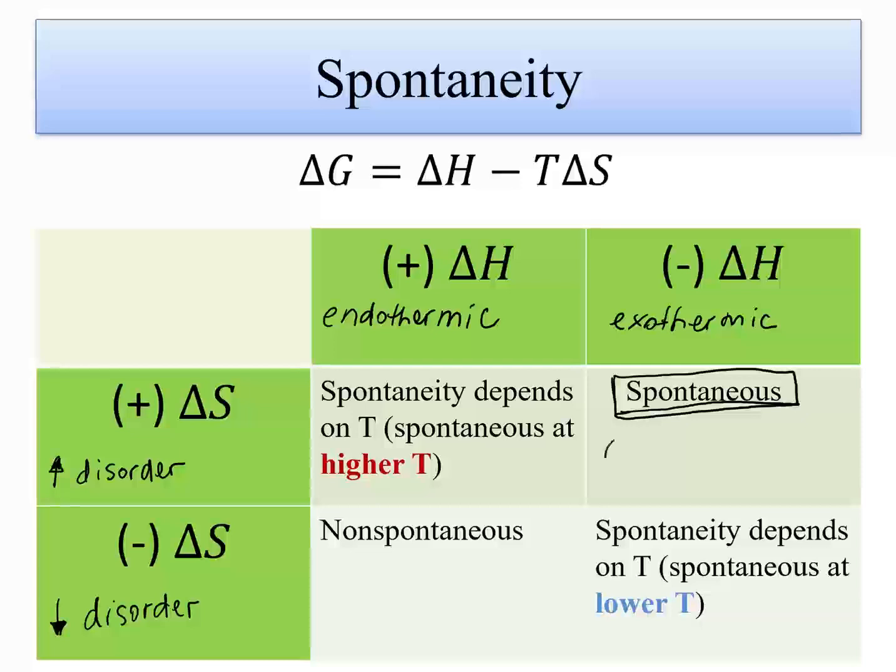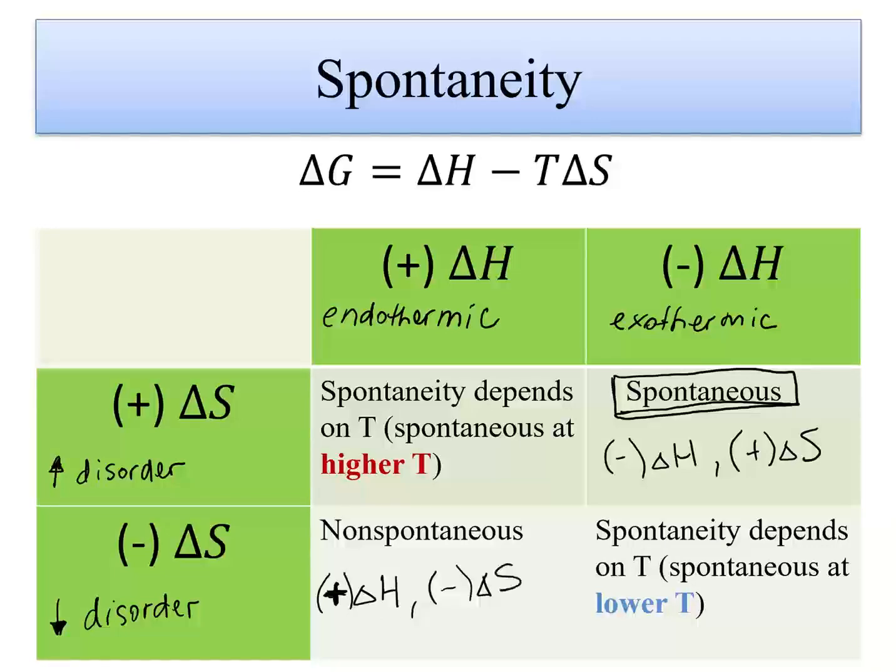So this means negative delta H, positive delta S. Always spontaneous reaction. If the reaction is endothermic, positive sign of the delta H, reaction requires heat, and there is a decrease in molecular disorder, negative sign of the delta S, it means that the reaction is always non-spontaneous.